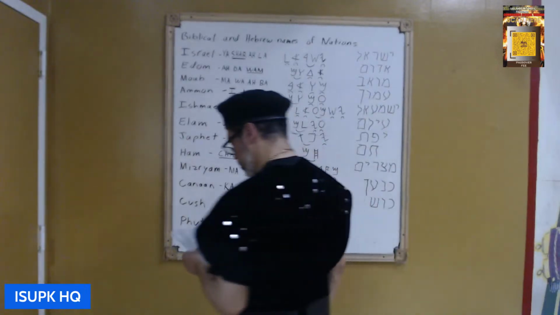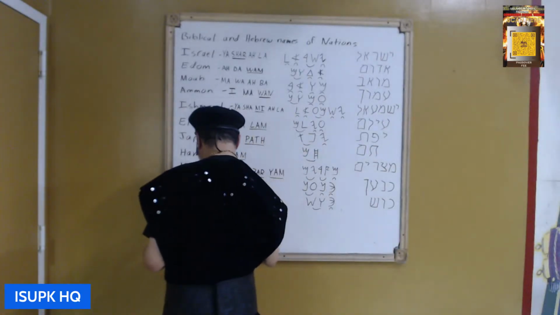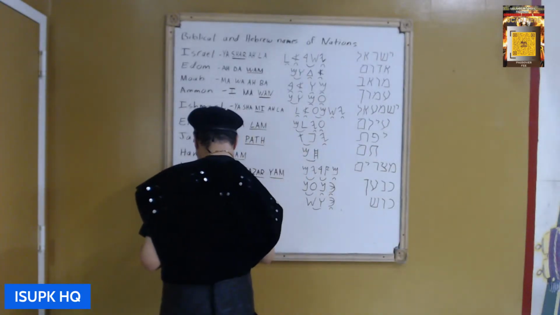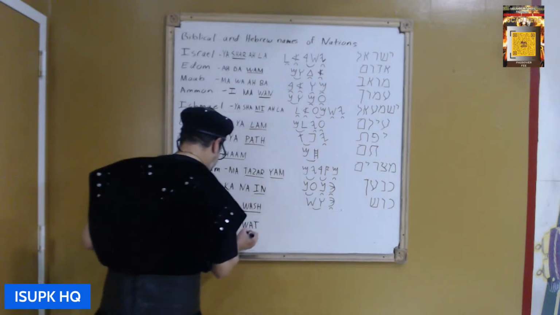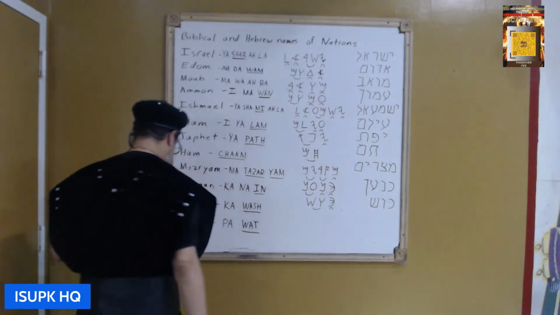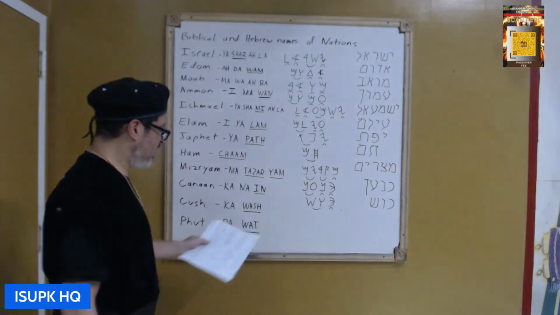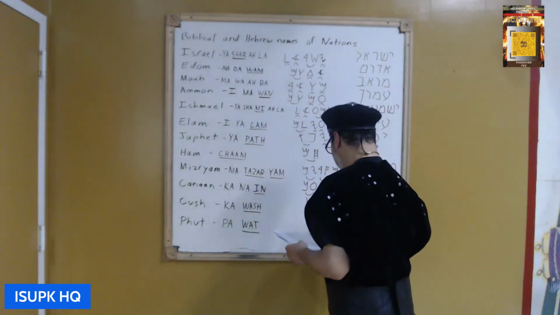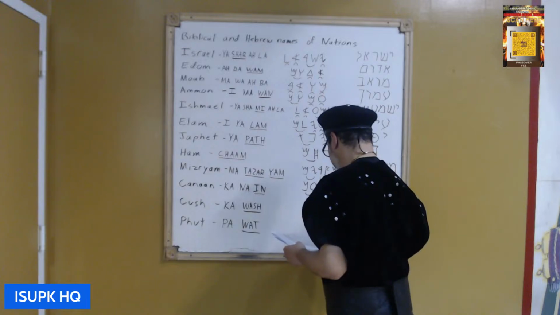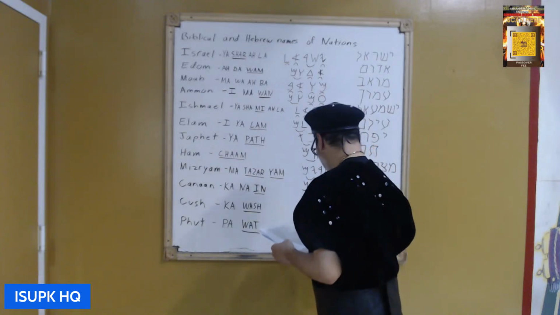And the last one, Put, which is Pawat. And these two characters are connected. It's wa and ta. So, pa. Then we have a wa.